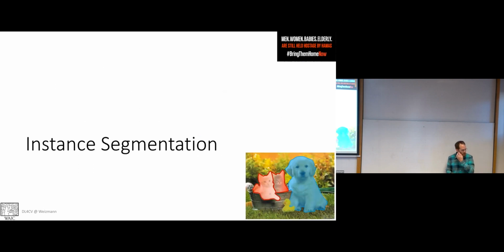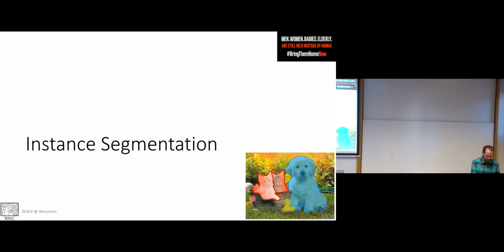Last but not least, we want to do instance segmentation. So now we don't want to make only a prediction per pixel for each class, but also we want to differentiate between pixels of the same class belonging to different instances of the same object. So these are going to be dog pixels, and it's very easy to segment them. We don't need to do anything special in that particular image.